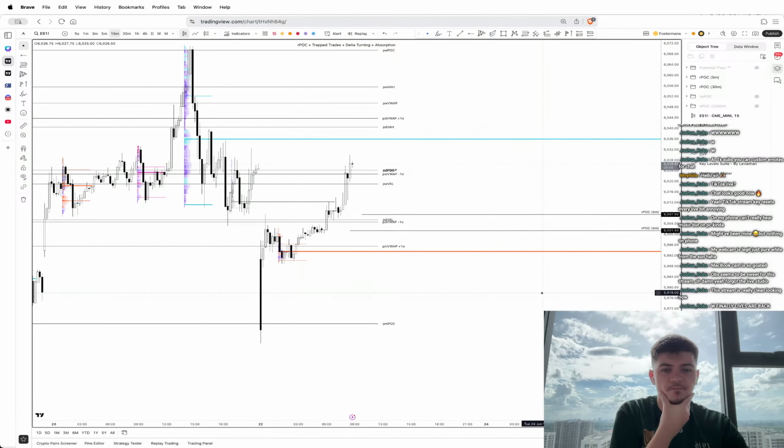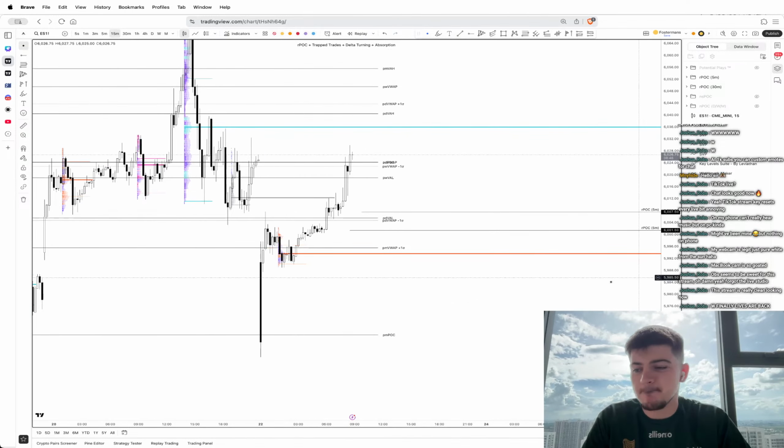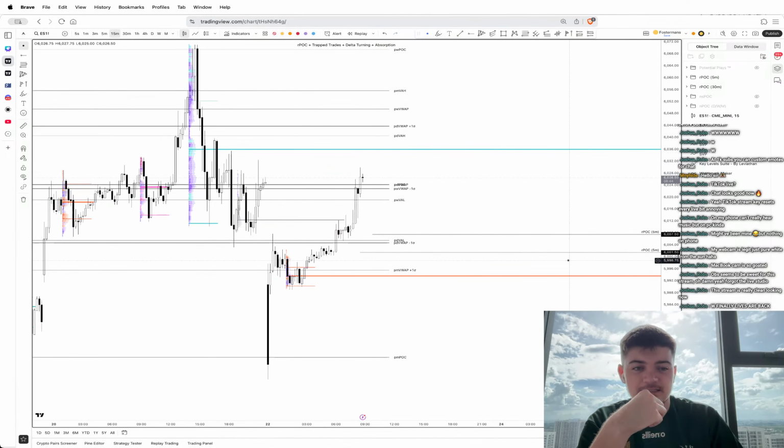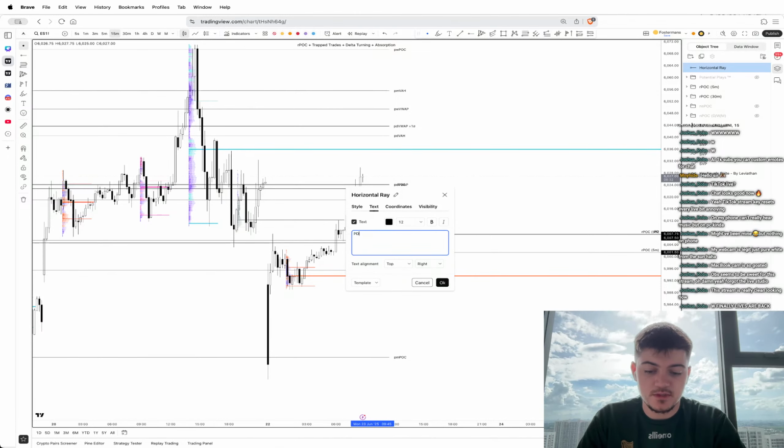Okay. This is pretty chill. Bang, bang, bang. Let's see. So we've got these ranges again, like this previous day value very low. We'll mark it out. Previous day value area low.